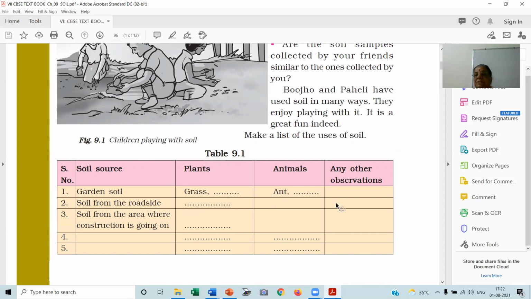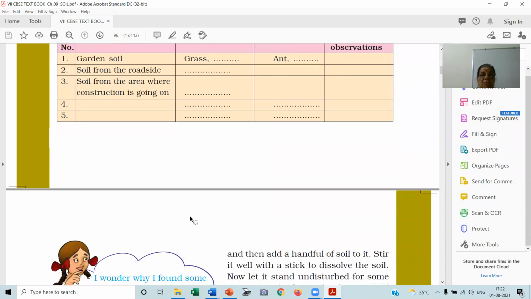Any other observation, torn paper, plastic. And soil from the area where construction is going on will have construction articles like stones and iron rods.